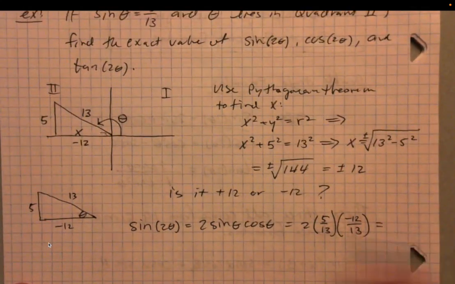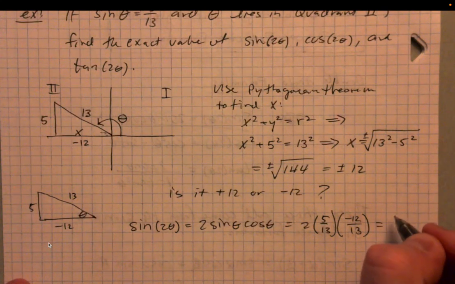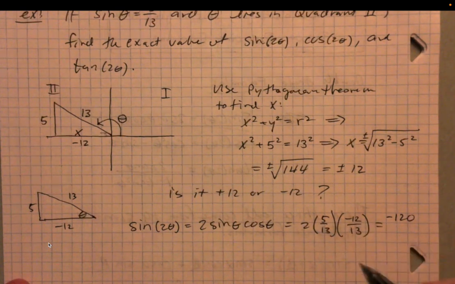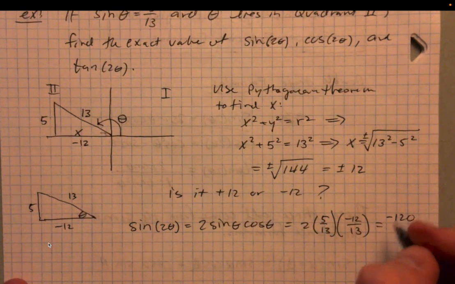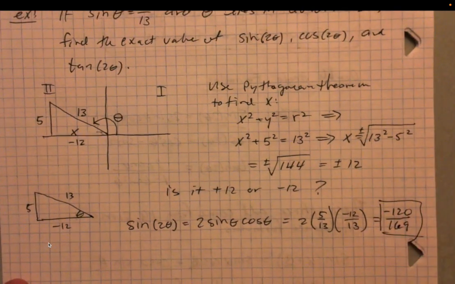You can do that multiplication, and you'll see that this is negative 120 over, since 10 times 12 is 120, the bottom 13 squared, which is 169. So there's the first one.